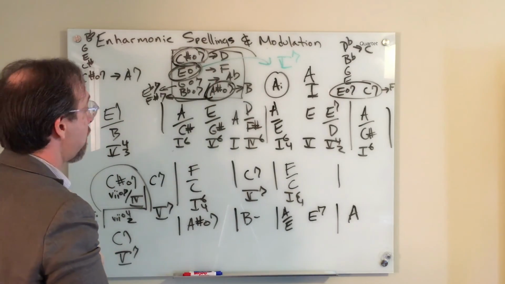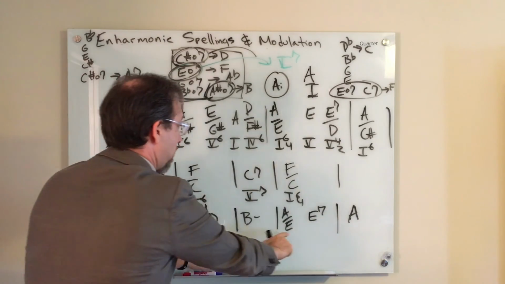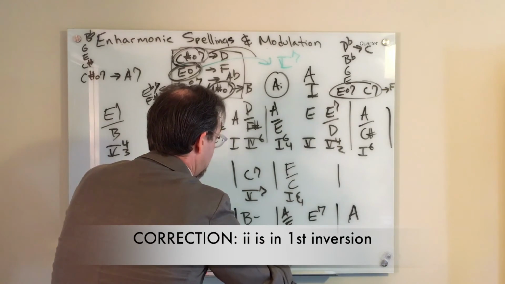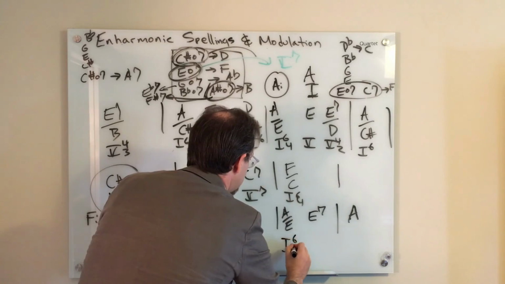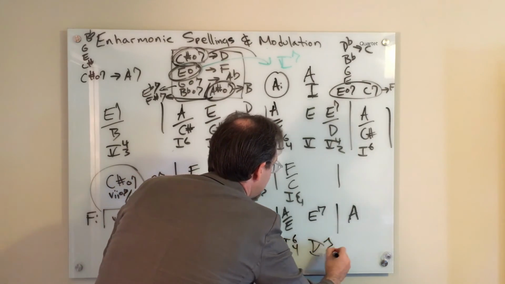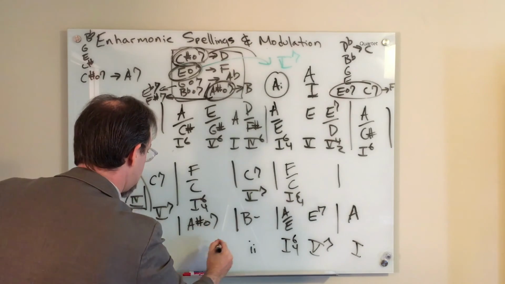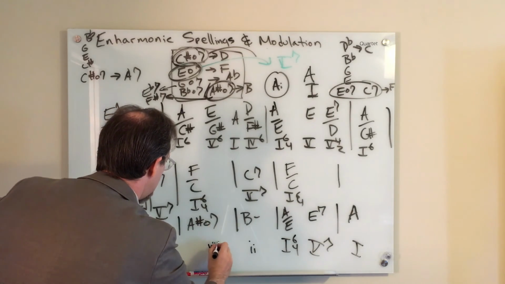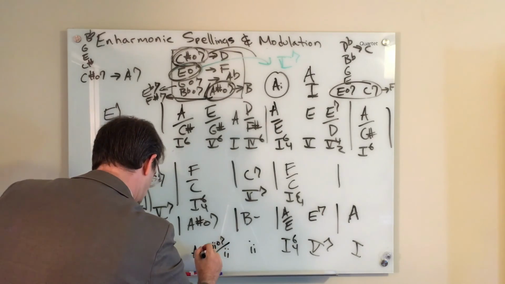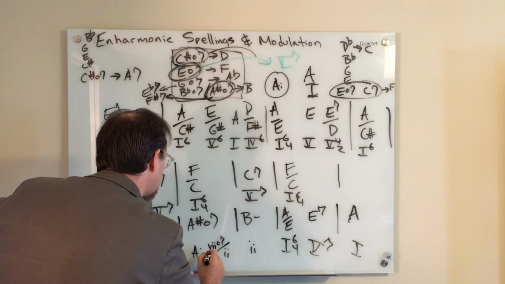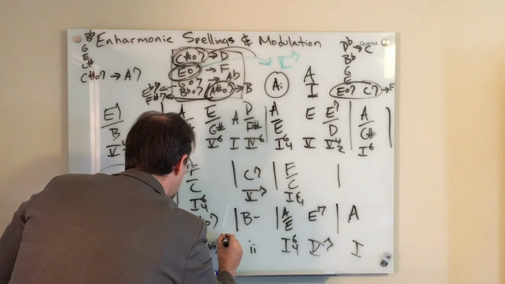So let's see what's happening here. This is how we get back to A major. We have a very clear 2, 1-6-4, 5-7-1. But how do we do it? Well, this A sharp diminished 7 is very clearly a 7 diminished 7 of 2 in the key of A. And actually it's a 6-5 because of the inversion.